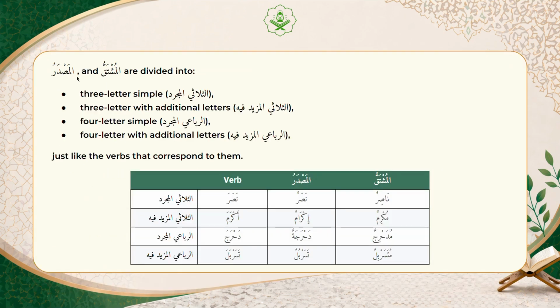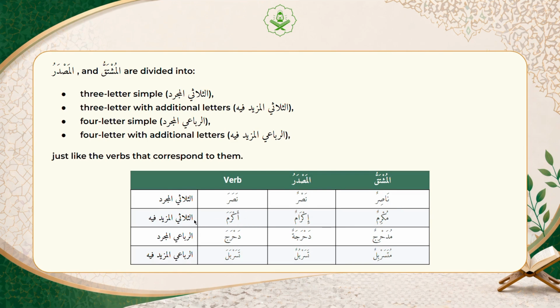So مصدر and mushtaq are divided into ثلاثي مجرد and ثلاثي مزيد فيه, as well as رباعي مجرد and رباعي مزيد فيه, like the verbs that they've been derived from. Like for example نصر is ثلاثي مجرد, it has مصدر نصر, helping, and مشتق اسم الفاعل will be ناصر, helper.